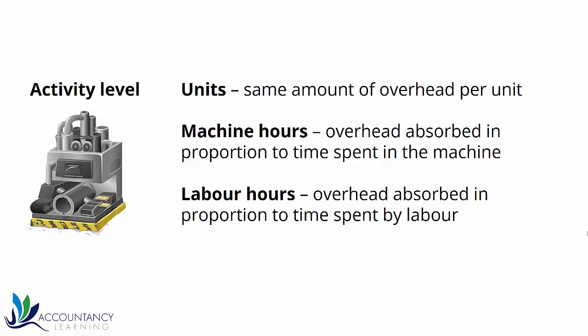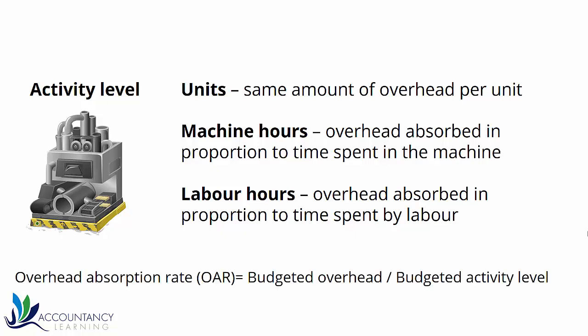So when we're thinking about our formula, here it is again: the overhead absorption rate is the budgeted overhead divided by the budgeted activity level. So we might divide by the 10 units, or we might divide by 1,000 machine hours, or we might divide by, say, 500 labour hours, whatever is the budget for the period of time we're looking at.